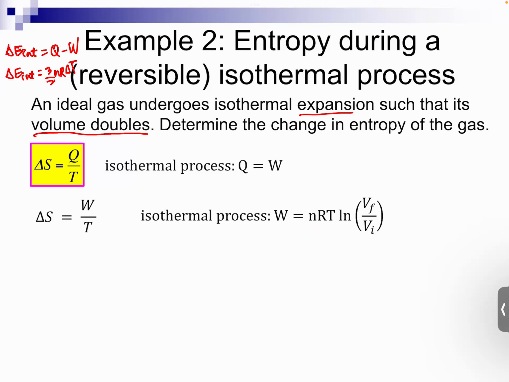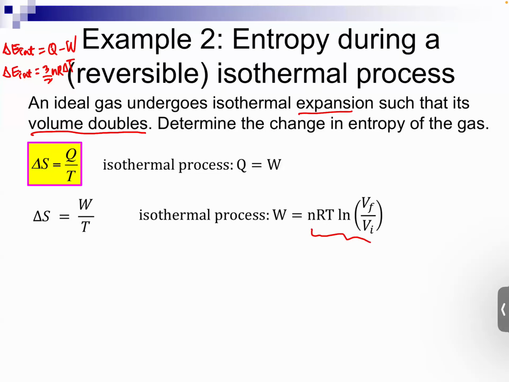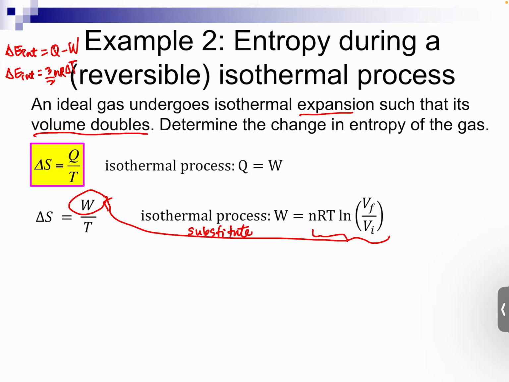We substitute this into the expression for work, I just substituted the expression for work into the change of entropy. So the change of entropy will be nRT Ln Vf over Vi divided by T. So T cancels out in the numerator and denominator.